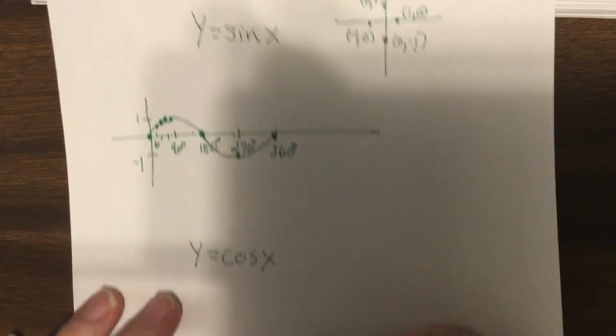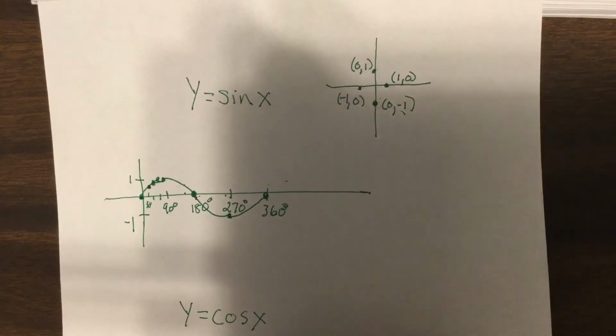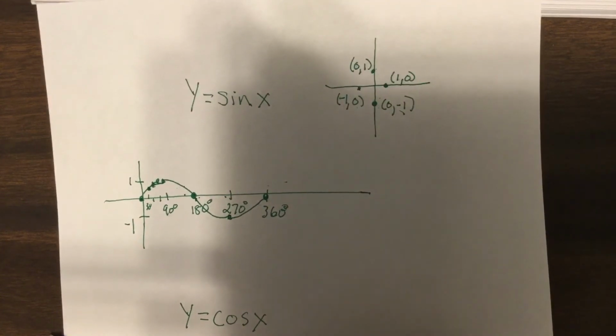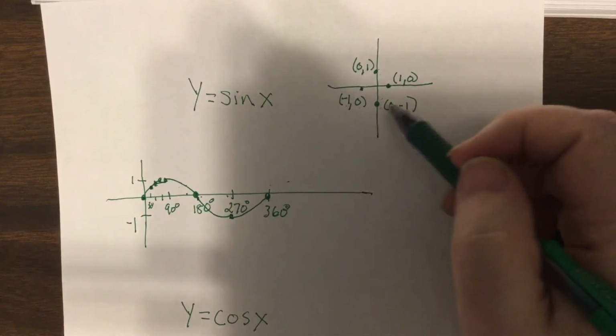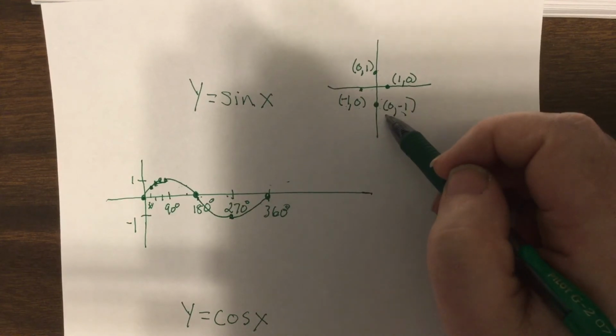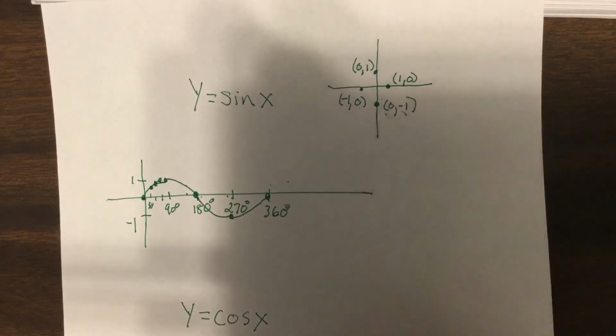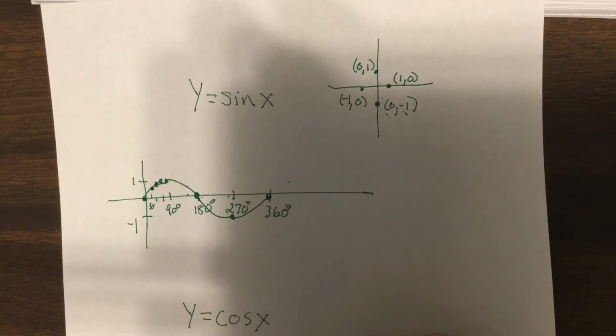Then at 180, cosine's negative 1. At 270, cosine is back at 0 because cosine is x over r. X is 0. At 360, we're back at 1.